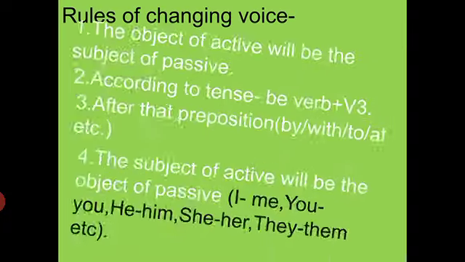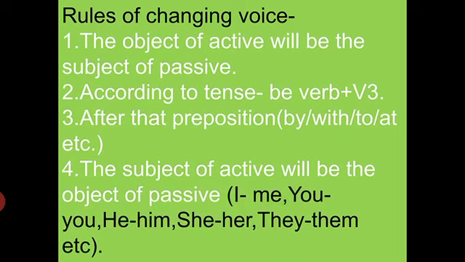Rules of changing voice. The object of active will be the subject of passive. According to tense, be verb plus V3. After that, preposition by, with, to, at, etc. The subject of active will be the object of passive.